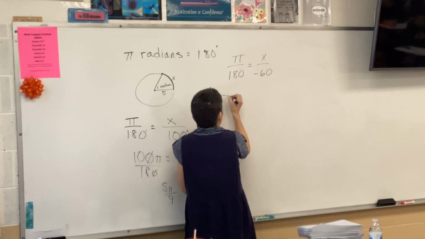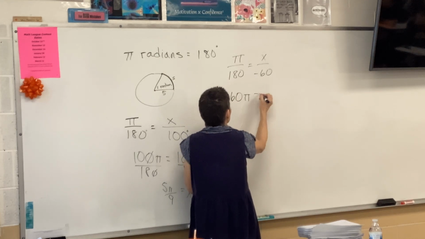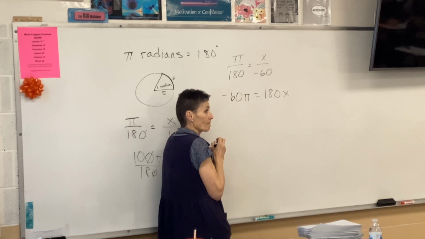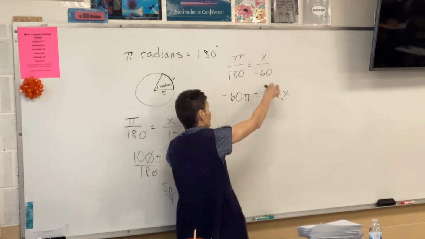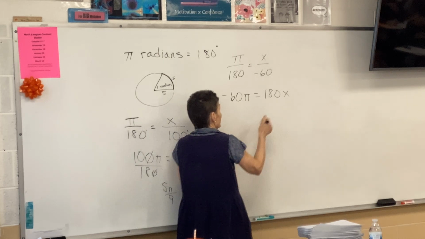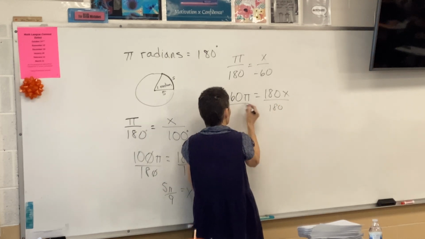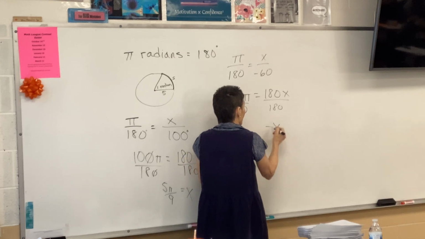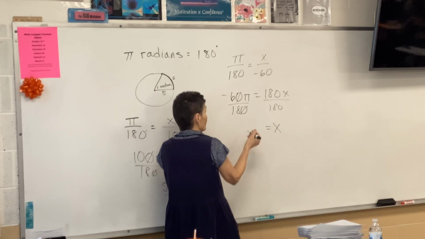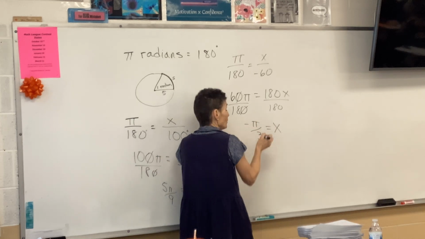So negative 60 pi equals 180x. Now what? I cross multiply. Now what? Divide by 180. So what does x end up equaling? Be careful. Negative pi over 3.